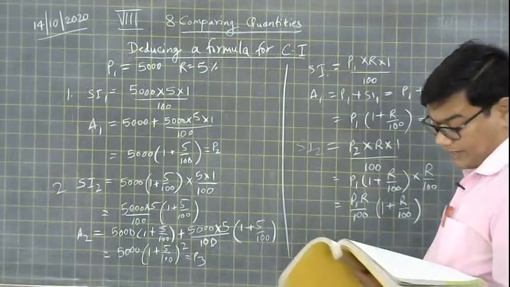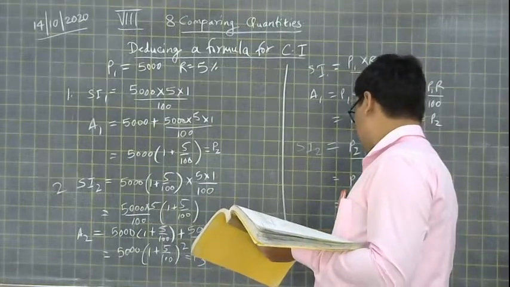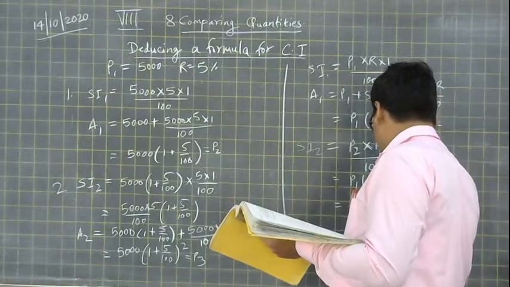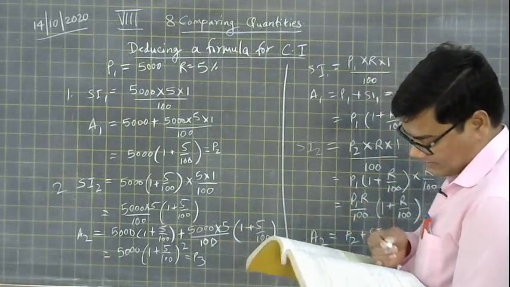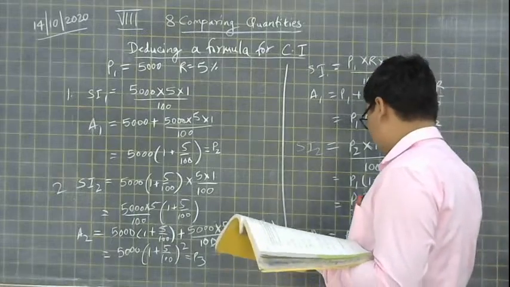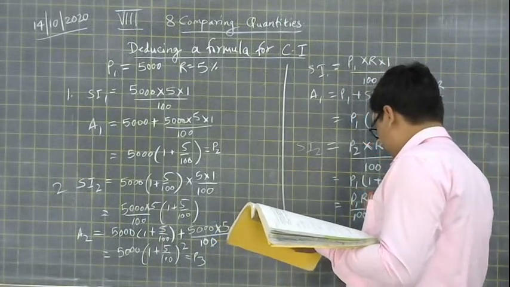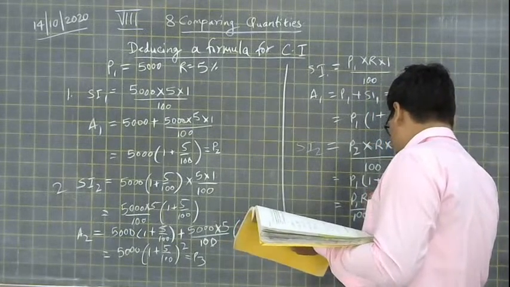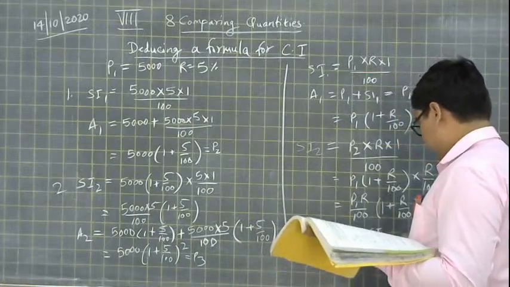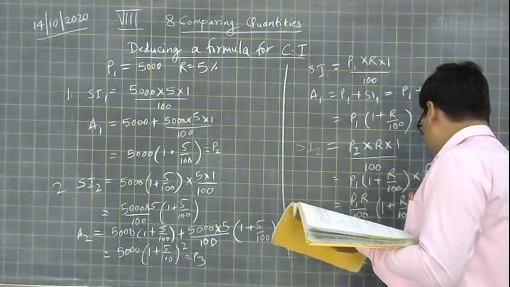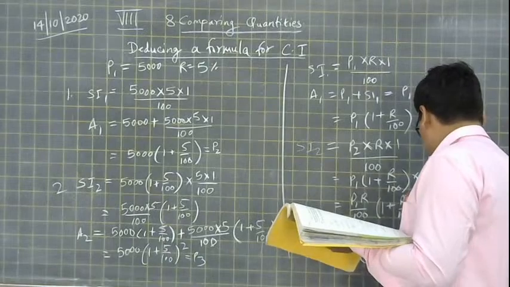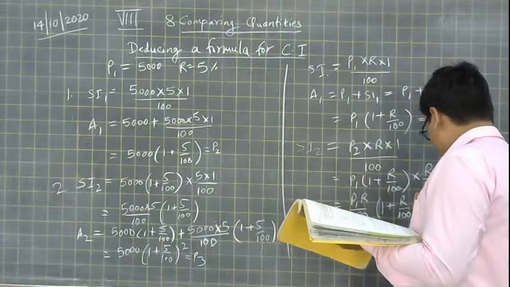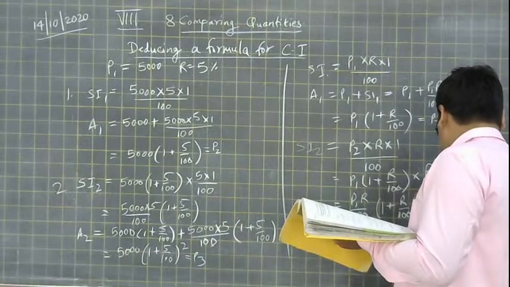So A2 is equal to P2 plus SI2. P2 is P1 into 1 plus R upon 100, plus P1 R upon 100 into 1 plus R upon 100.